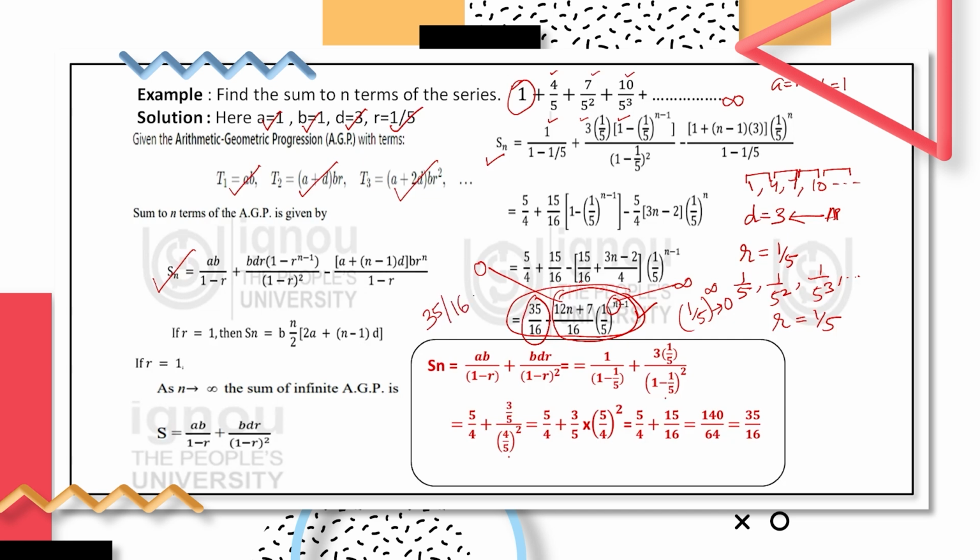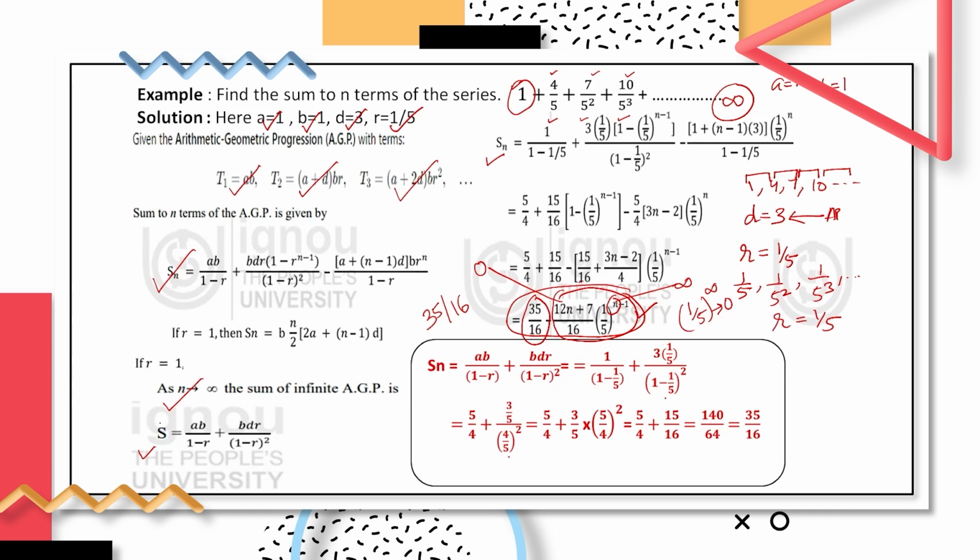Now, on the same line, as we observed that the pattern is moving to infinity, as n tends to infinity, what is the modified formula? The modified formula is S is equal to AB upon 1 minus R plus BDR upon 1 minus R square.